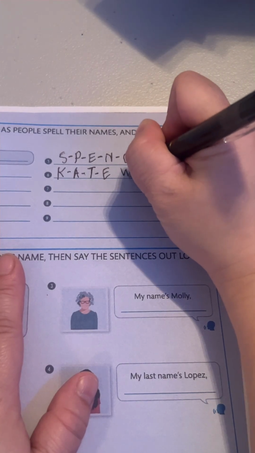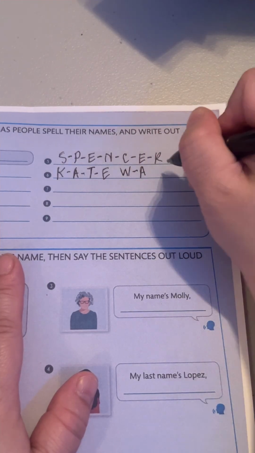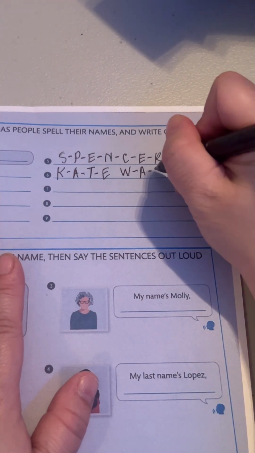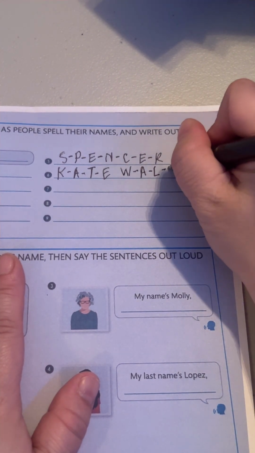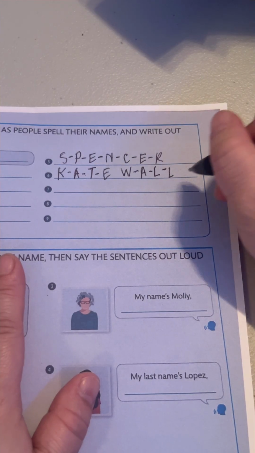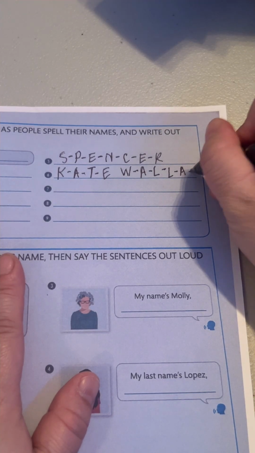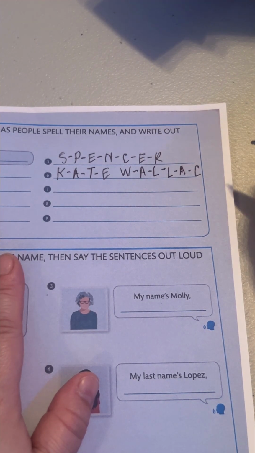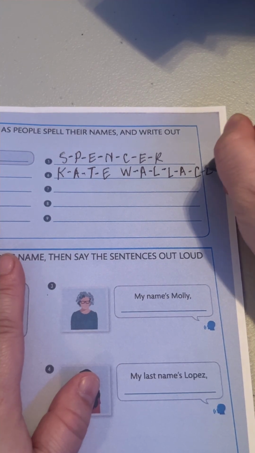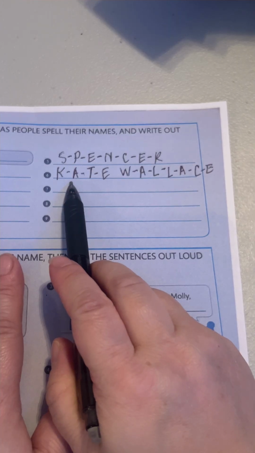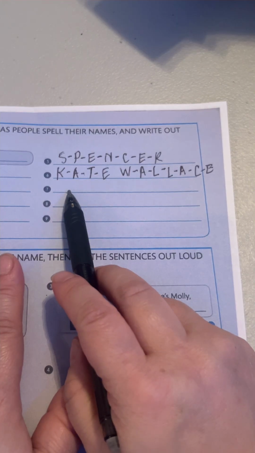That means that's a W. And then that's an A sound. And then L dash another L. And then C sound. And then last one, which is E. Kate Wallace. Wallace. Kate Wallace.